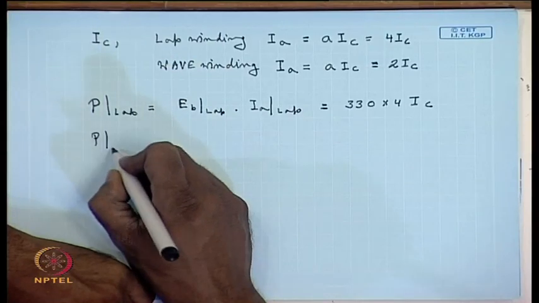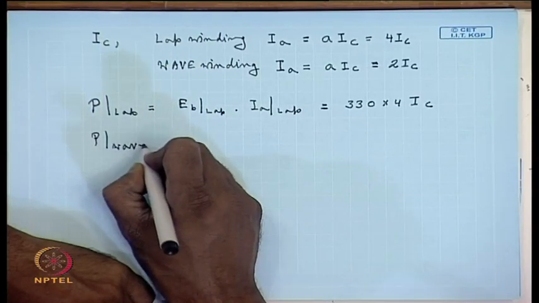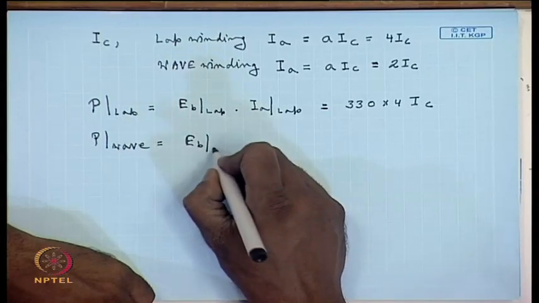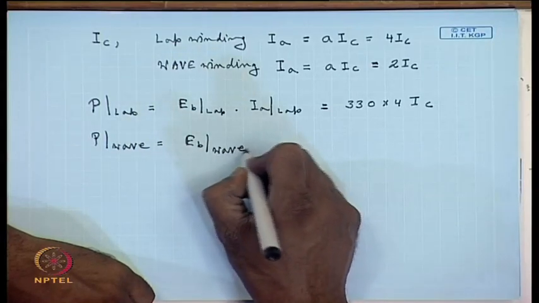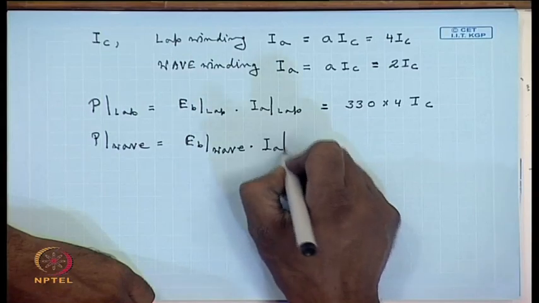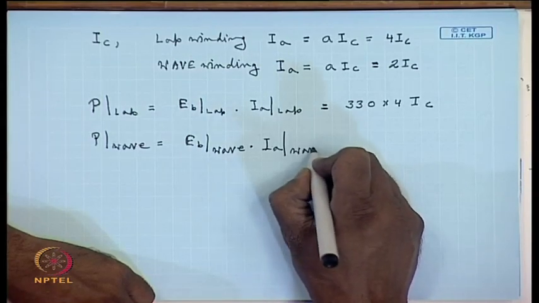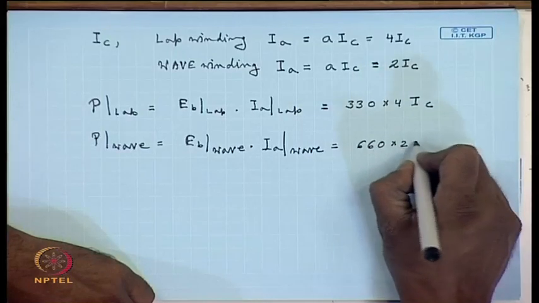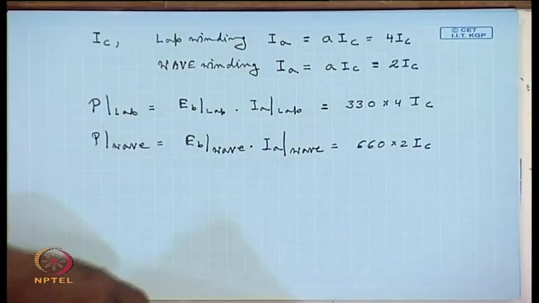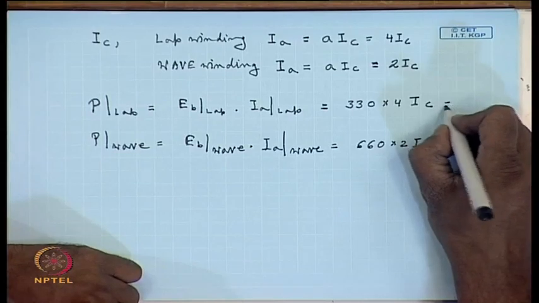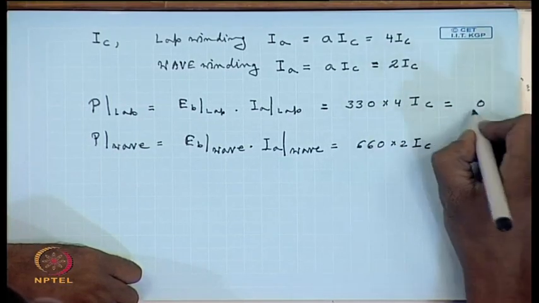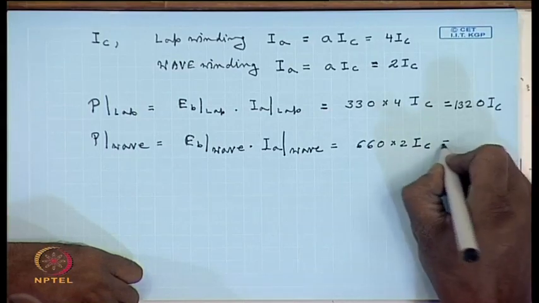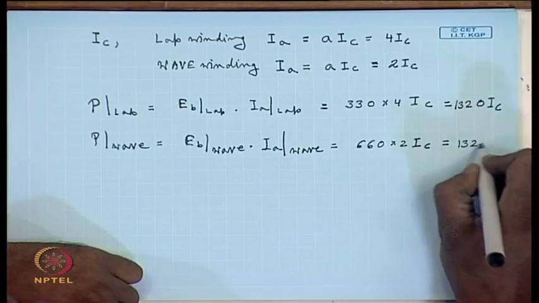Power wave equal to E b for wave connection into I a for wave connection, this will be 660 into 2 I c, this is equal to 1320 I c, this is also 1320 I c.